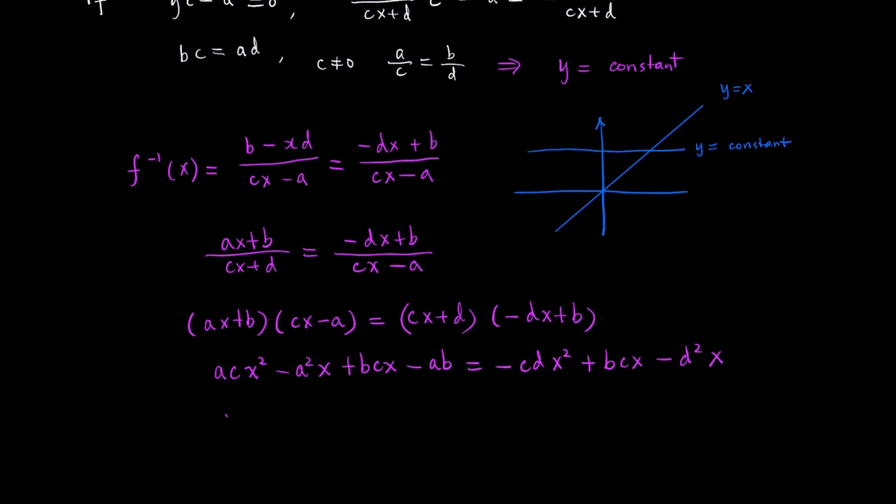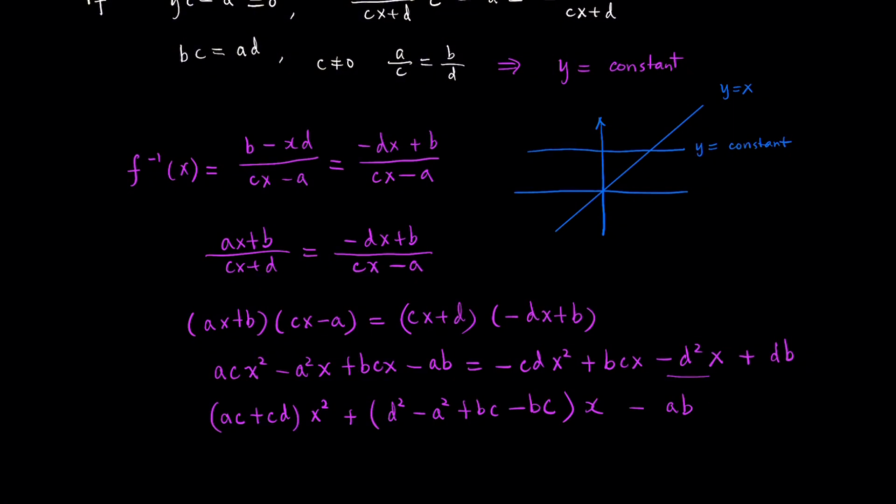What we have is (ac plus cd) x squared, and this will move to the left-hand side: d squared x minus a squared x plus bc minus bc, and then x, minus ab, equals 0. Here we're missing a constant term, which is db.